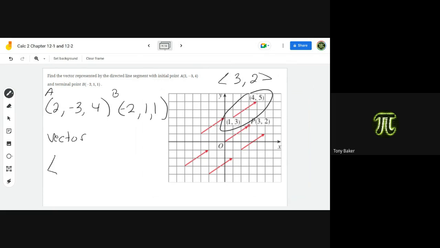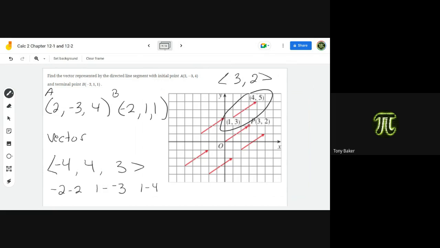It's starting at A and going to B. So it's -2 minus 2, which is -4. Then we have 1 minus -3, which is 4. And then 1 minus 4, which gives me -3.